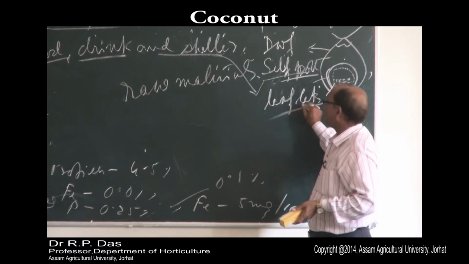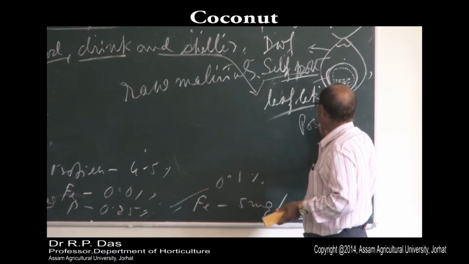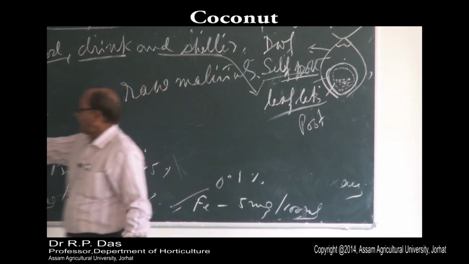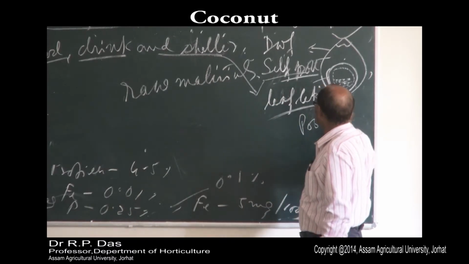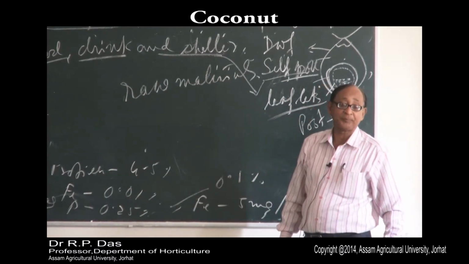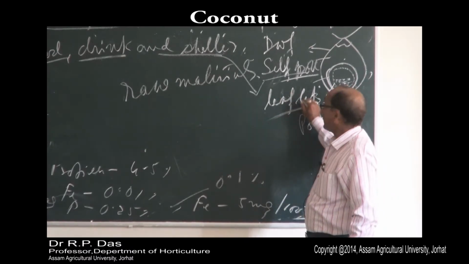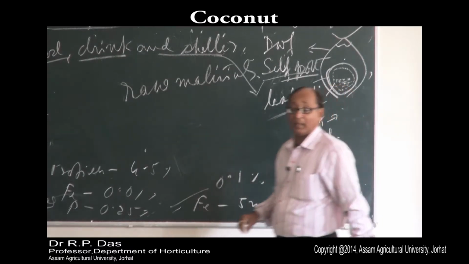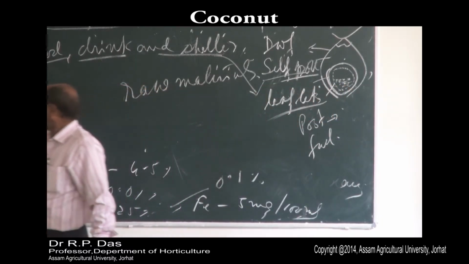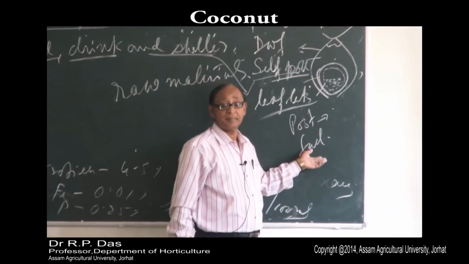Here these roofing materials, leaflets. Then the stem is used as post for construction of thatch house. Then the midrib is used for fuel purpose. The branch spadix dries up, that is also used for fuel purpose.